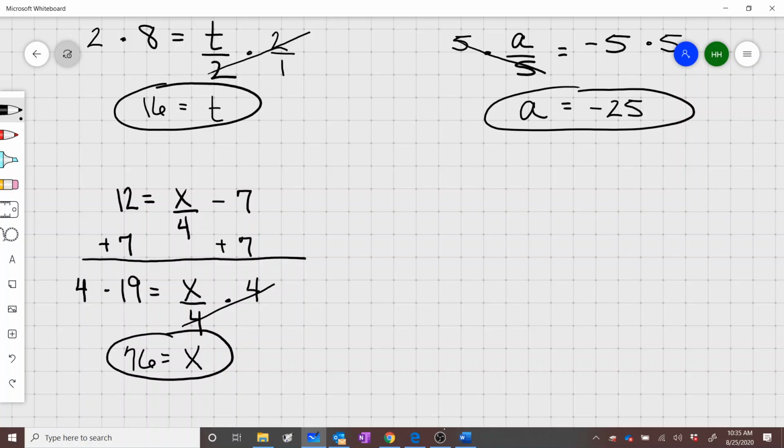Okay, so let me move along and let me show you an example of the other type of problem we're going to do in the first part of class here. So now let's take something like y minus 6, it's divided by 3. And all of that is equal to 10.